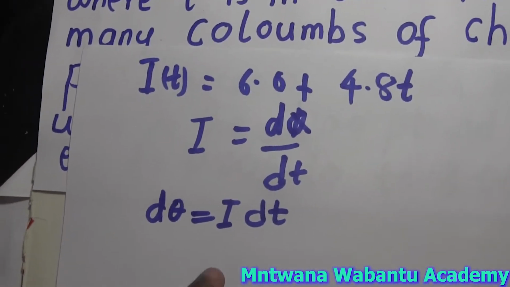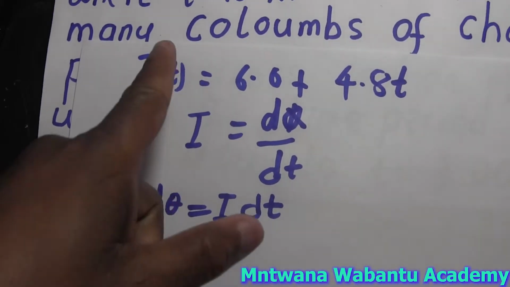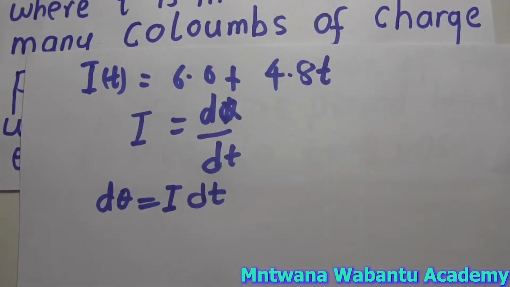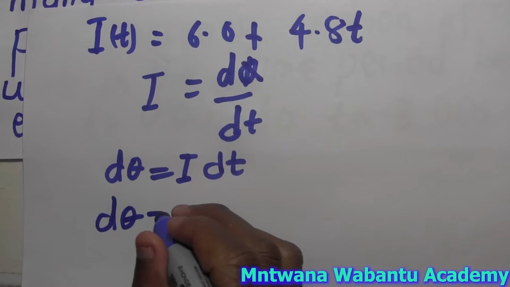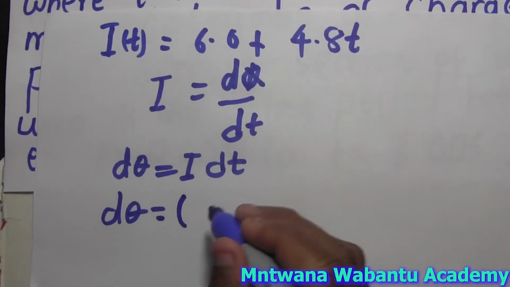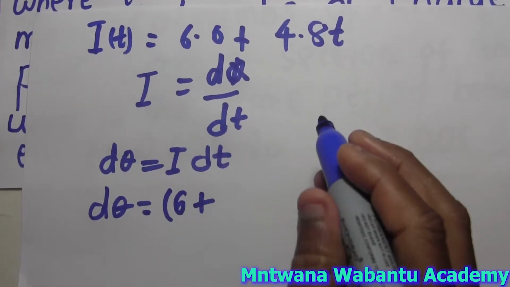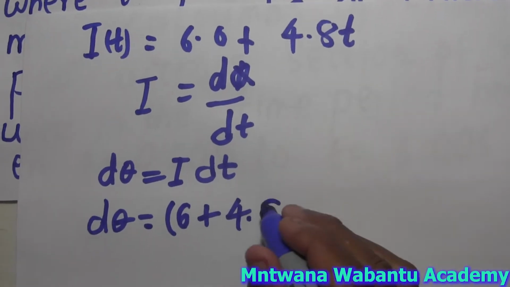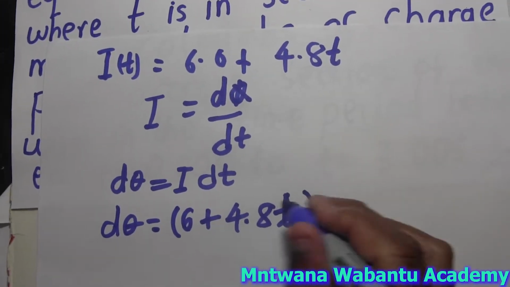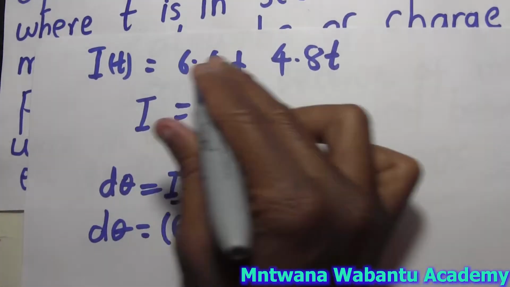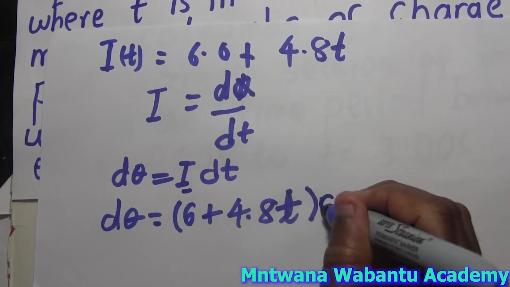But the current is given, so we're going to replace it. Now we say dq equals the current we have, which is 6 plus 4.8 t, in brackets. We insert that value.